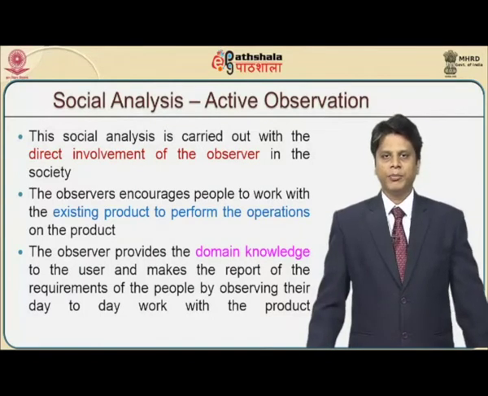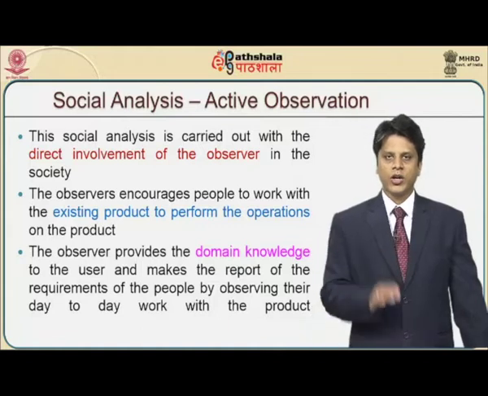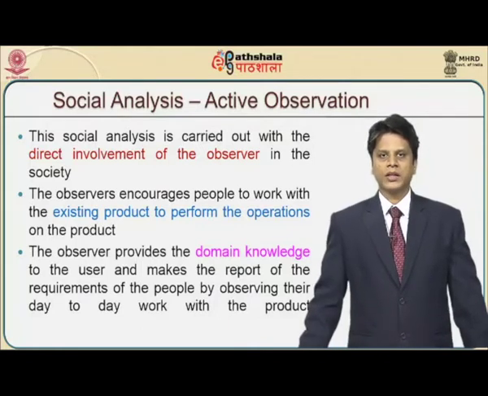The second type is active observation, where social analysis is carried out with the direct involvement of the observer, in contrast to the previous one. Here there is a direct involvement of the observer in the society.